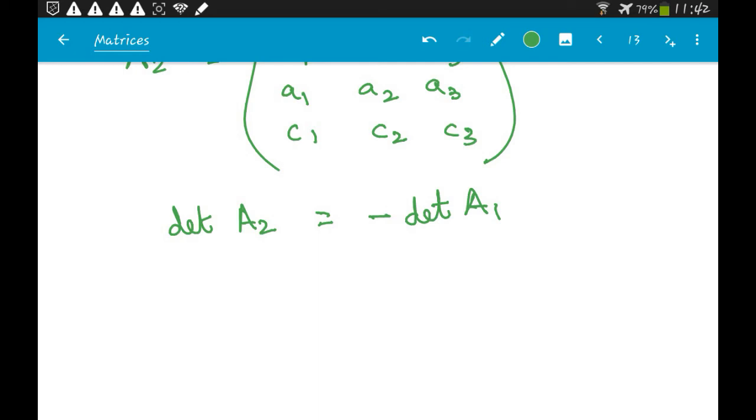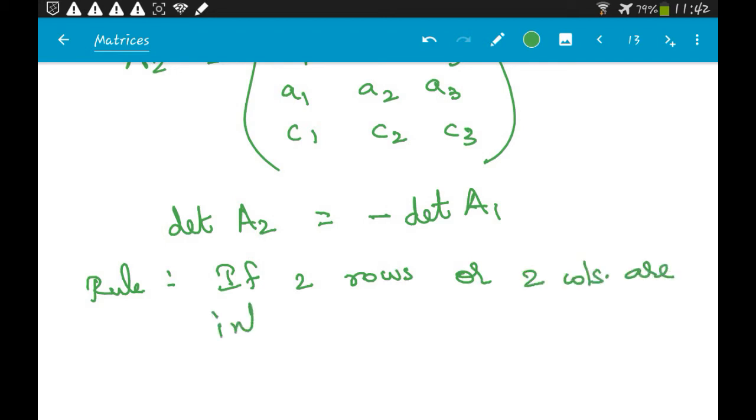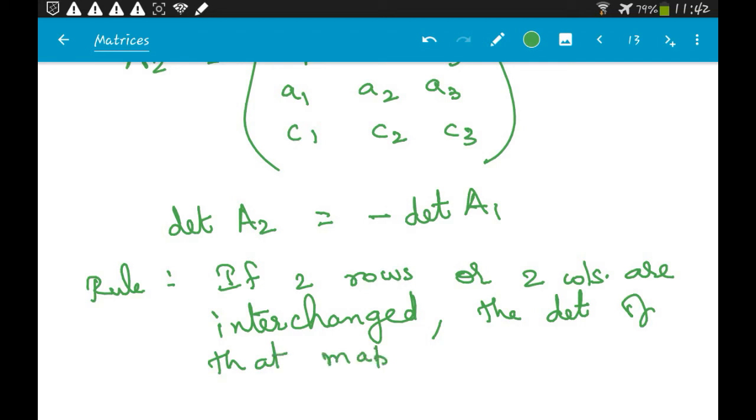So the rule is that if two rows or two columns are interchanged, the determinant of that matrix changes sign. Okay, so this is the rule. Alright.